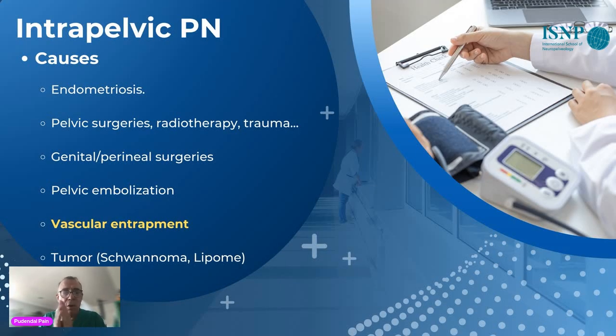So now, intrapelvic causes. The causes of pathology of the pudendal nerve above the pelvic floor are completely different. And one is endometriosis. It's true that an endometriosis at the sacral nerve root, a deep infiltrating endometriosis coming from what we call the rectovaginal space, can grow laterally and affect the sacral nerve root and induce pudendal pain.